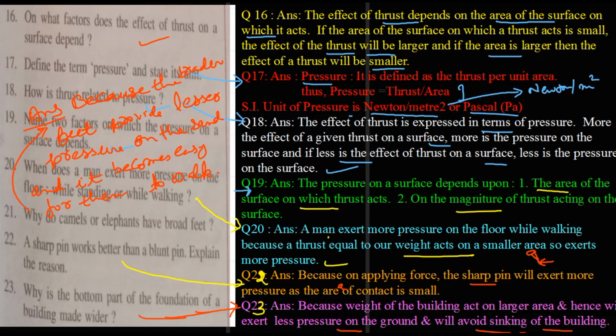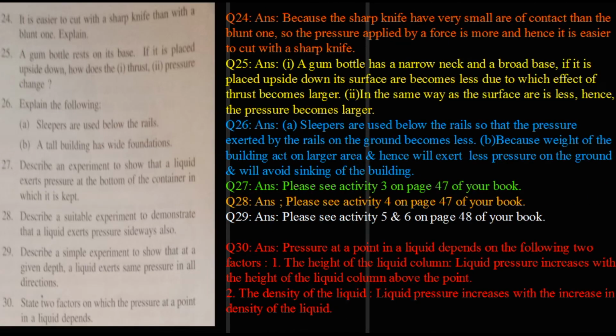Next we move on to question number 24. It is easier to cut with a sharp knife than with a blunt one. Same reason, because the sharp knife has a very small area of contact than the blunt one.